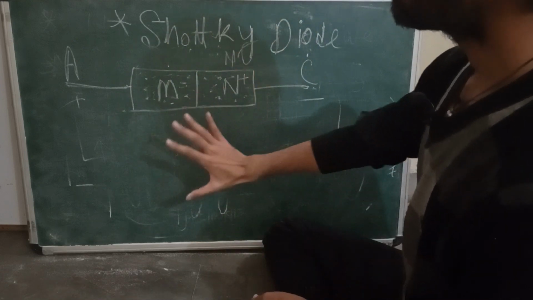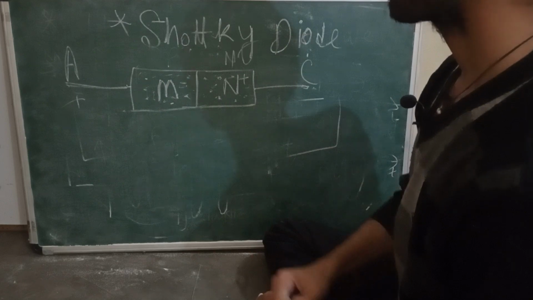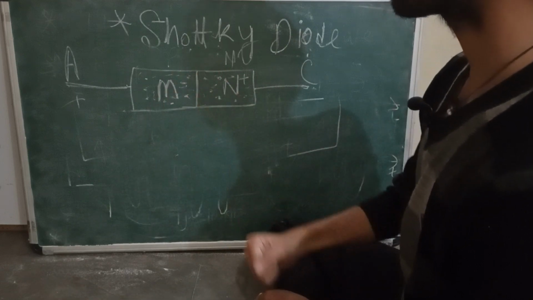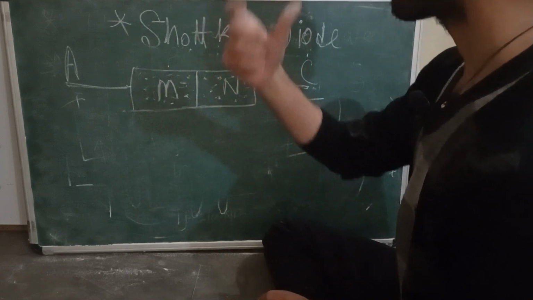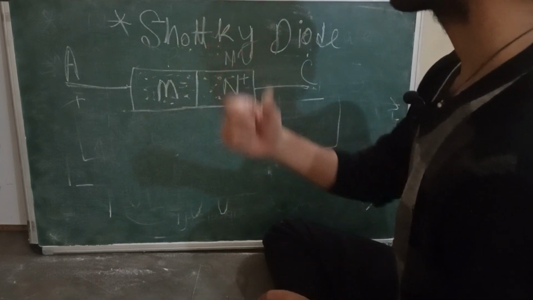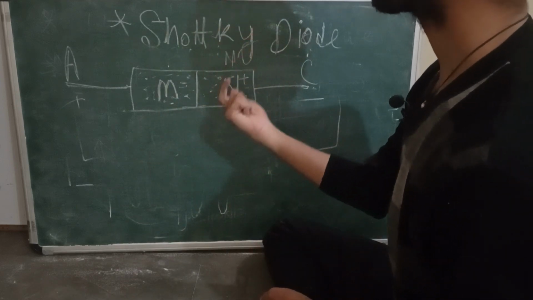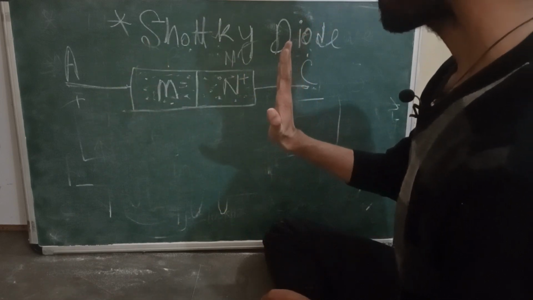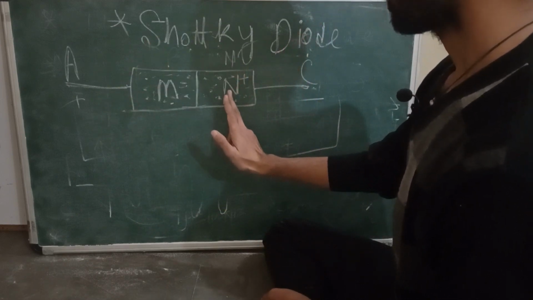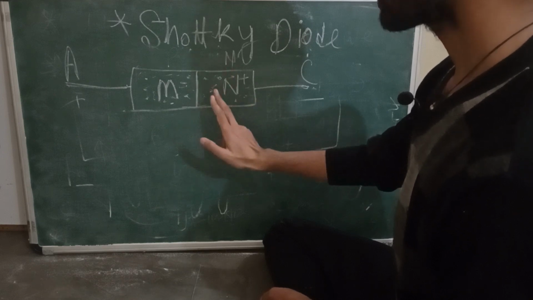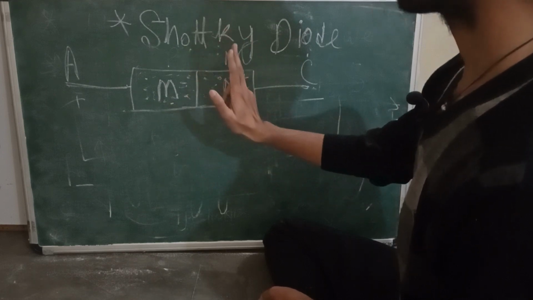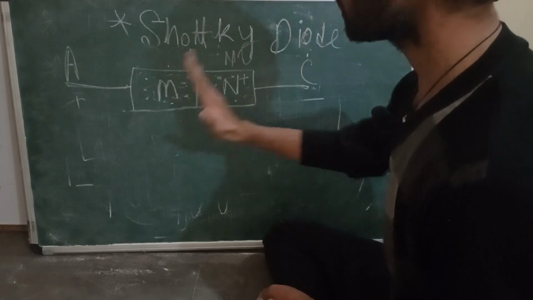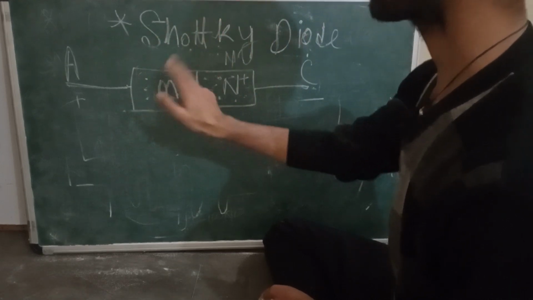But now the confusion is that metal also has a lot of electrons, and the heavily doped semiconductor also has a lot of electrons. So now which electrons will start moving from where to where? Actually the majority charge carriers present in the N-type semiconductor will start injecting into the metal.